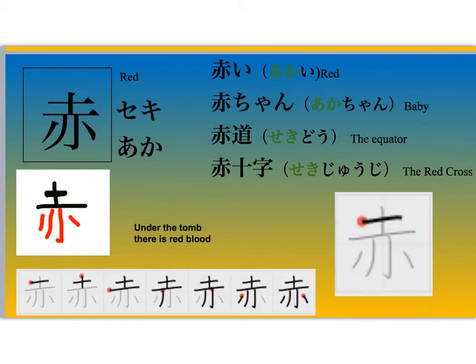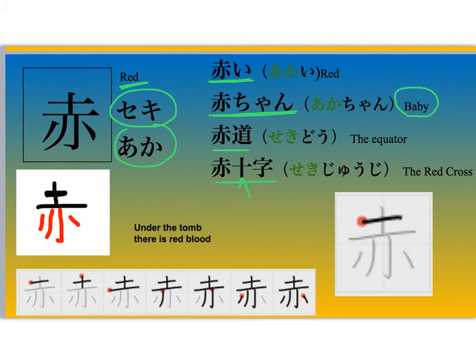Here's the kanji for red. It is seki for the onyomi, aka for the kunyomi, and of course akai is the reading here. Akachan, which means baby, so they're usually red when they're little. Equator is sekido, and the red cross is sekijuji.